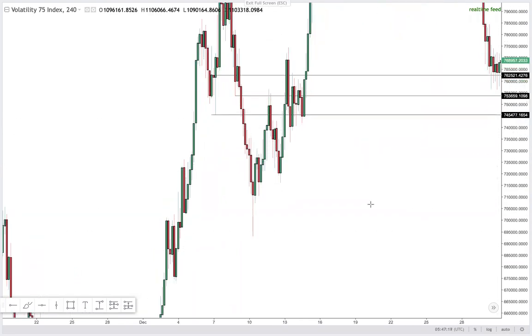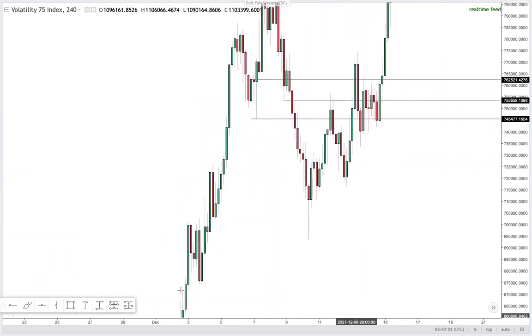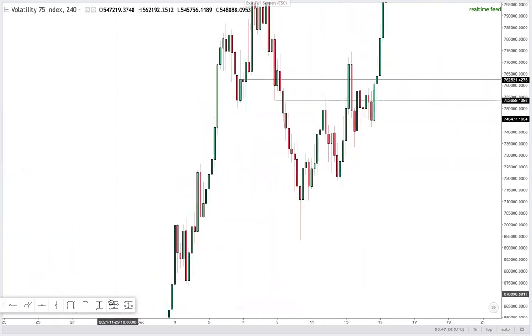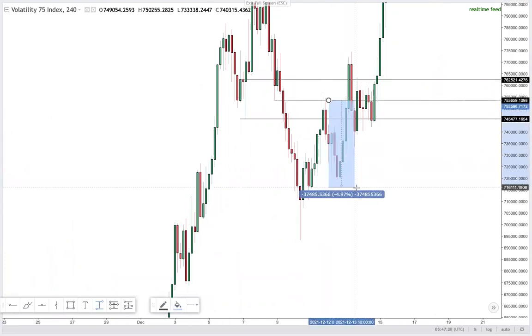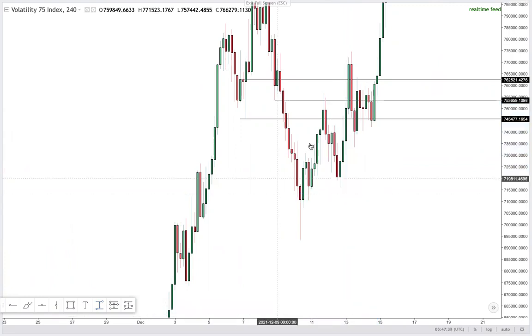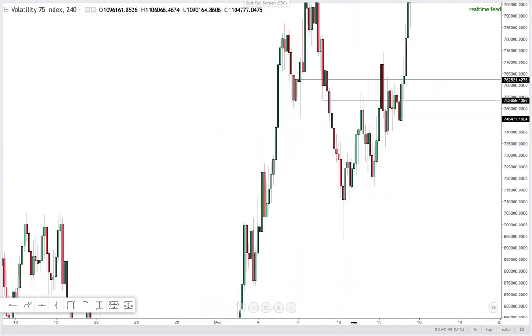It's a lot of pips in V75, from somewhere here to somewhere here. Something like 300 pips.